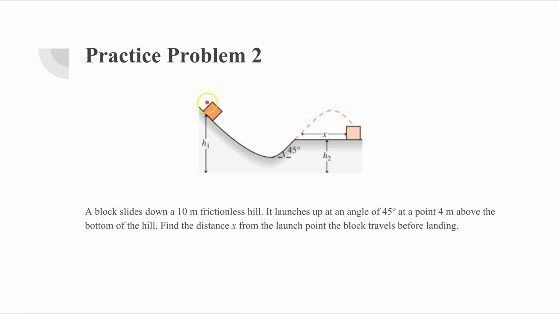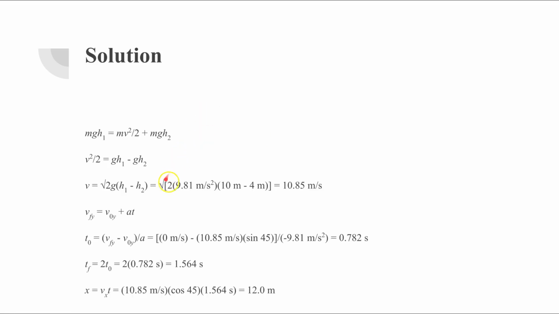Okay? So this problem also could have been done if the level ground was the zero point, because this is the change in height over here. So if you substitute everything in, you had the square root of 2 times 9.81 times 10 minus 4. That equals about 10.85 meters per second, right?